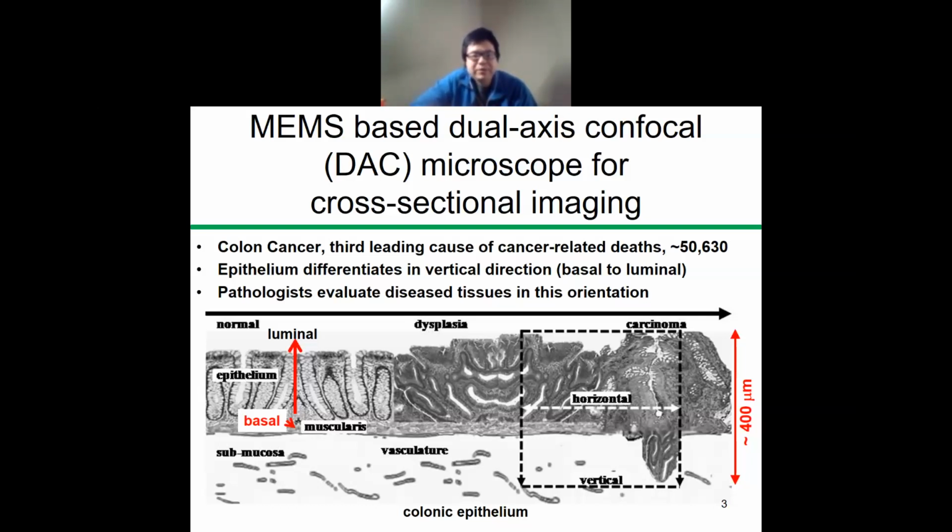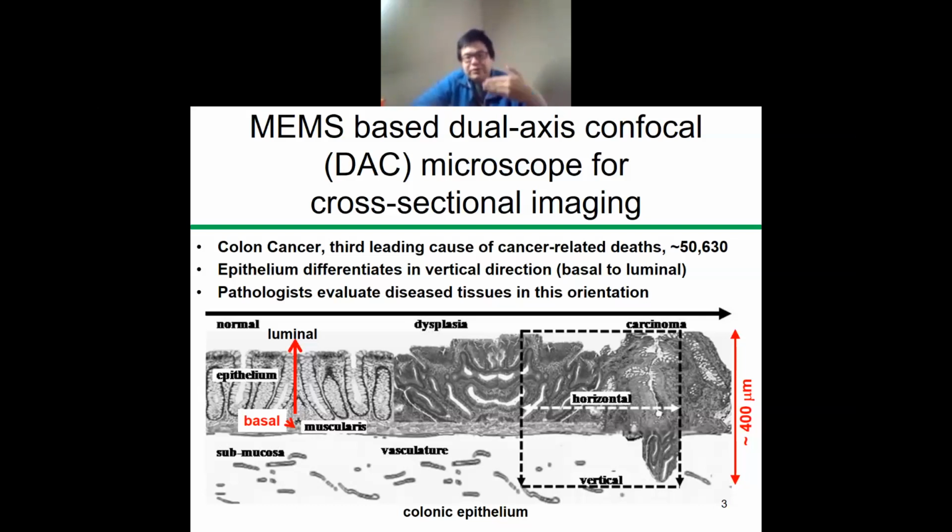The epithelium differentiates vertically in cross-section, and this is also the preferred view of the pathologist when they review the H&E slides. For humans, the cancer develops from the epithelium to the upper layer, to the mucus and lumen. It's around 400 microns, so ideally the microscope should cover very deep depths.